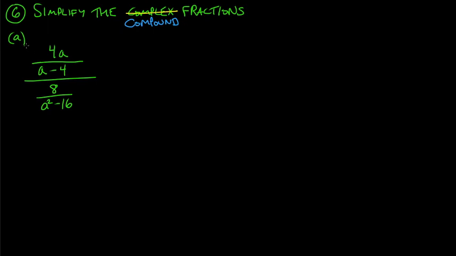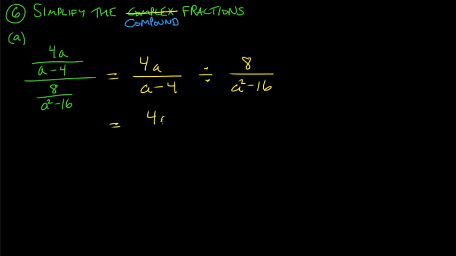And the way this works is, we already have a fraction divided by a fraction, so we can simply turn this into a division problem: 4a over a minus 4 divided by 8 over a squared minus 16. And we did this before, way back in, I believe, number 4, where we divided fractions. So keep, change, flip. Keep the first fraction, change to multiply, and then flip the second fraction.